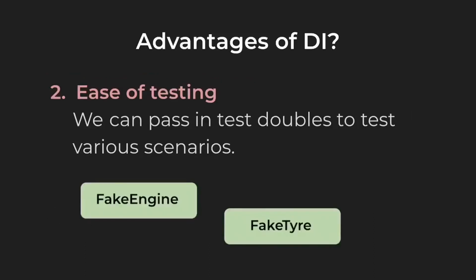So the second advantage of using dependency injection is ease of testing. When the class is not managing its dependencies, to test the class we can pass in different implementations to test different cases. For example, fake tire and fake engine.